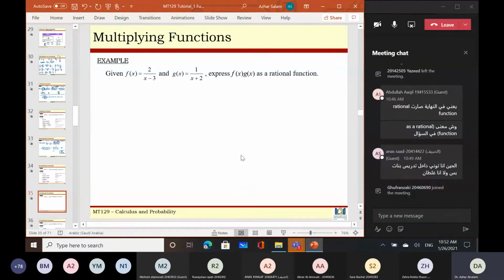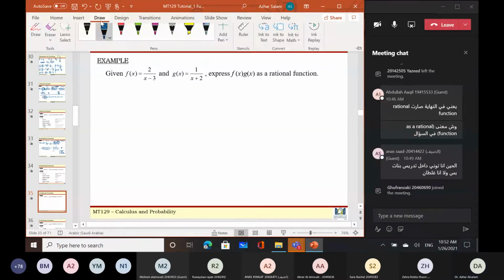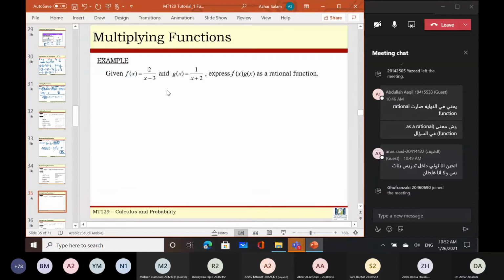Now for the multiplication, multiplying functions, as we did with numbers. I will multiply f of x by g of x like that. I can just write it together or make a dot between them for the multiplication. So I have to multiply 2 over x minus 3 multiplied by 1 over x plus 2.